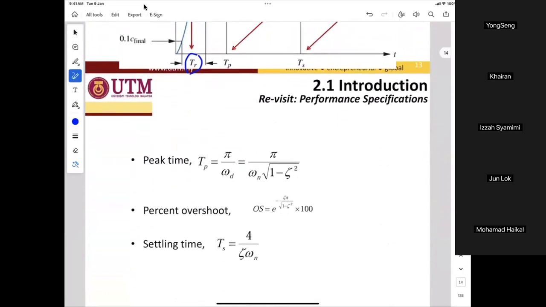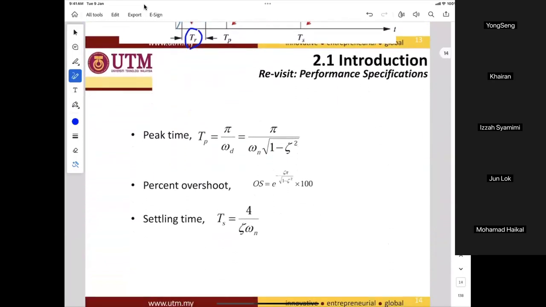And we can simplify using the formula, which is peak time Tp equals pi over omega d. This is omega d. This one is omega n. So what is the difference between omega d and omega n?